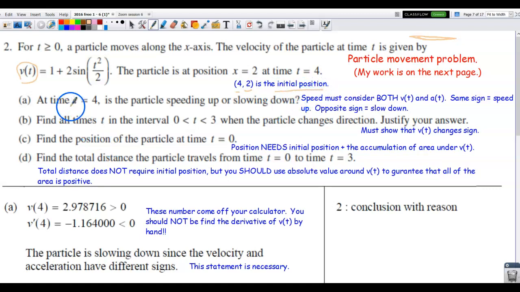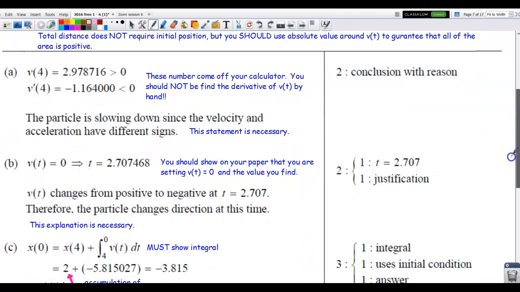Letter A. At t equal to 4, is the particle speeding up or slowing down? And you know that for speed, you must consider both v(t) and a(t). If velocity and acceleration have the same sign, then the particle is speeding up. If velocity and acceleration have opposite signs, then the particle is slowing down. So I'm going to have to determine both the velocity and the acceleration at 4. I'm going to totally use my calculator for that.